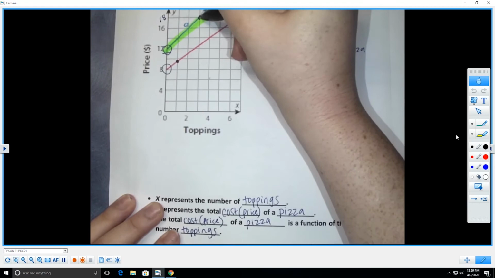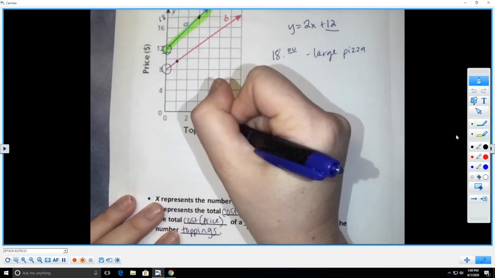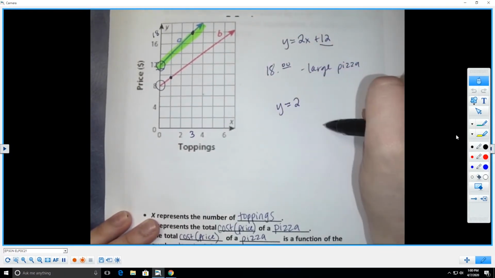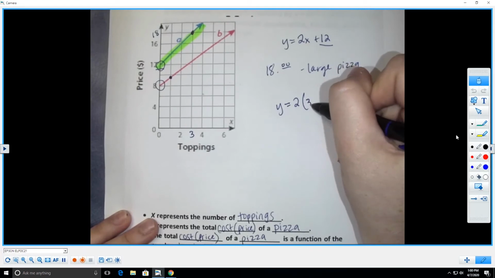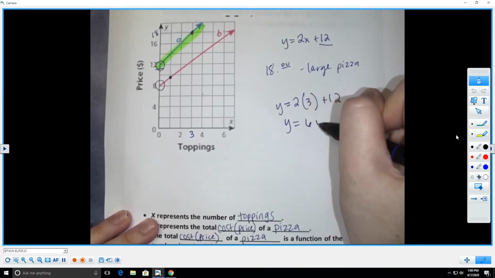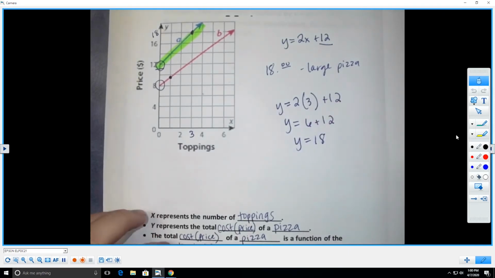And you see right here, the number of toppings would be in between 2 and 4, which would be 3. Or I could use the equation y equals 2 times the number of toppings, which is 3, plus 12. Y equals 6 plus 12. Y equals 18.